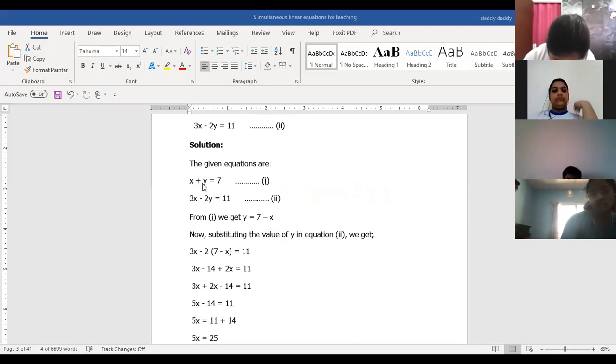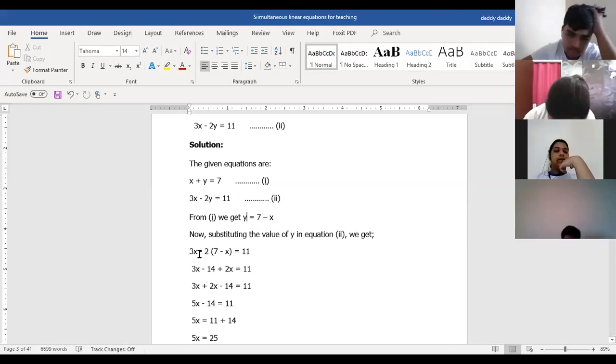So when I see my first equation is simple, I decided that I will get the value of y from it. So I got y is equal to 7 minus x. Now this value of y you will put in the second equation. So my second equation is 3x minus 2y is equal to 11.